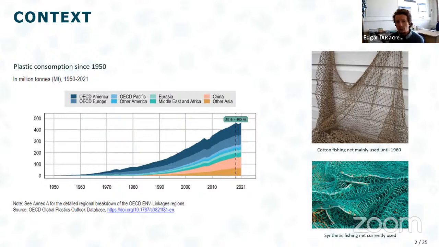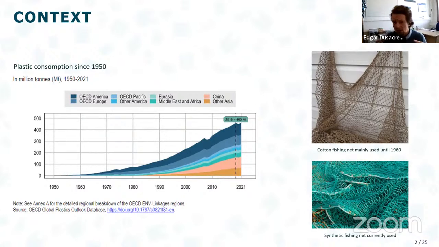And so we have a new number here that says that in 2019, we consumed in the world 460 million tons of plastics. We can see that the consumption is fairly shared between America, Europe, China, and the rest of Asia. And the consumption is a bit lower for other parts of the world.